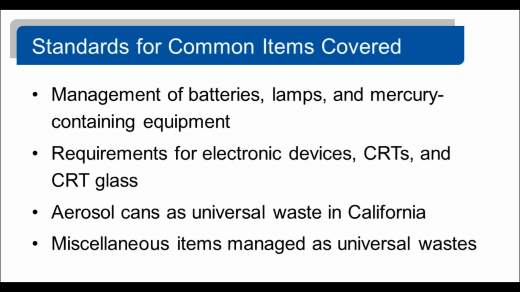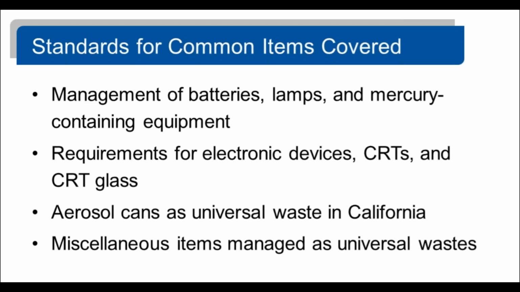Some of the standards we will cover for common items include the management of batteries, lamps, mercury containing equipment, and where those standards are found within Title 22. We will cover the requirements for managing electronic devices, CRTs, and CRT glass. And we will touch on aerosol cans as a universal waste in California.